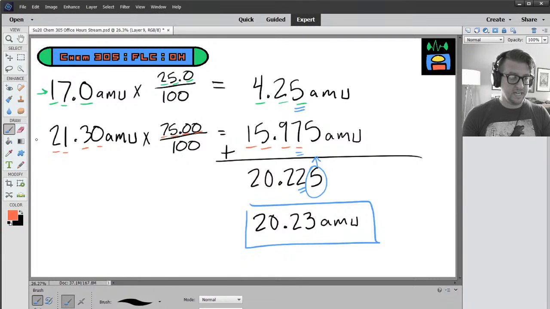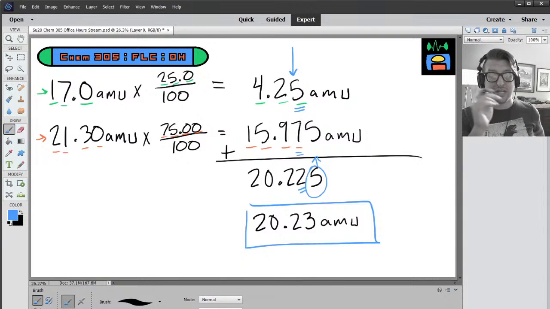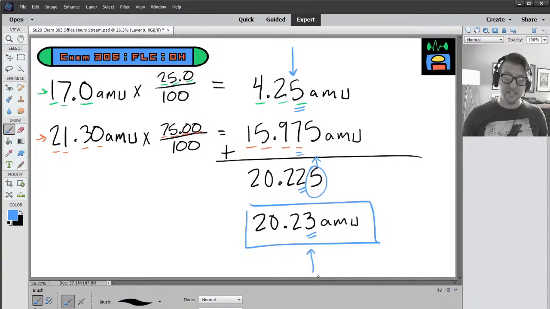We had 3 significant digits, so our answer had to have 3. The second multiplication, we had 4 significant digits, so our answer had to have 4. But in the last step, these are the rules for addition and subtraction. And you don't look at the total number of significant digits, you look at the last significant digit in the number. 4.25 has its last significant digit in the second decimal place. 15.975 has its last significant digit in the third decimal place. So our answer must have its last significant digit in the second decimal place, and that's the place we round to.